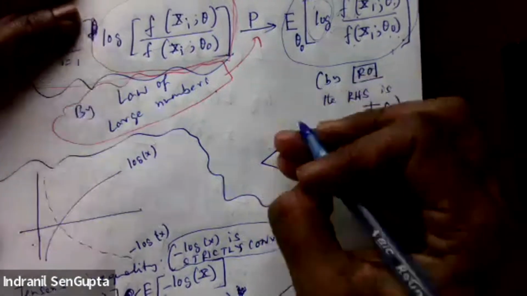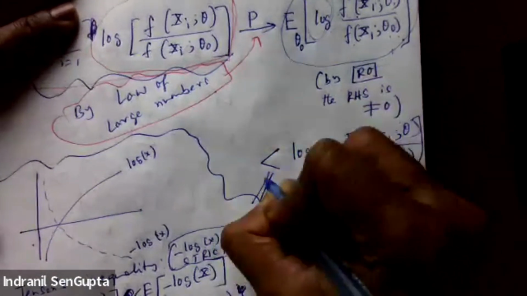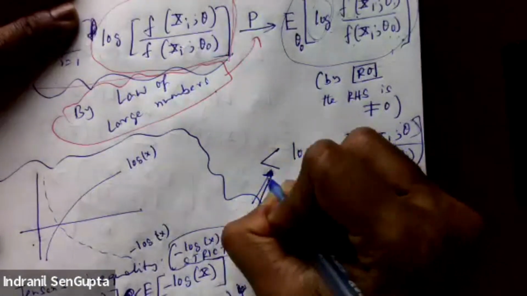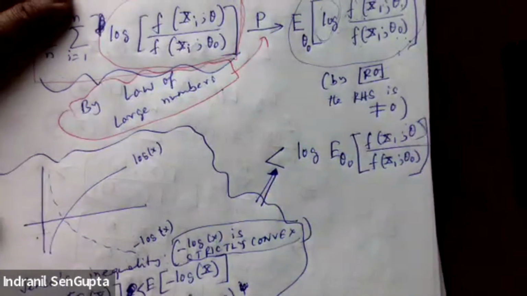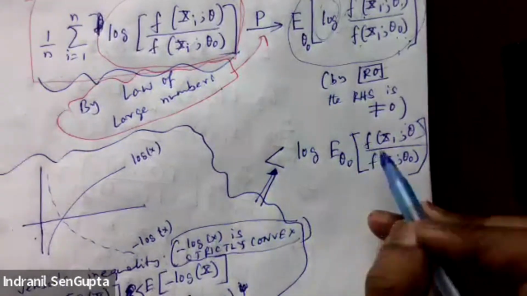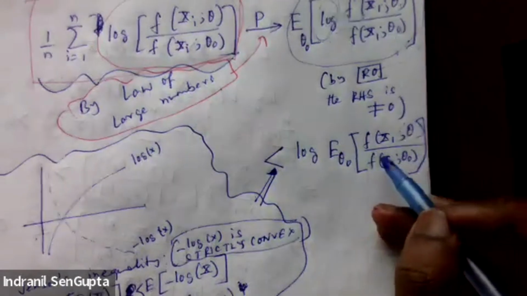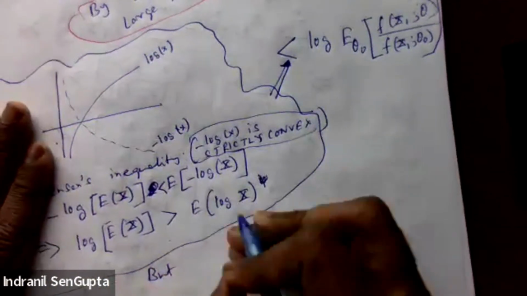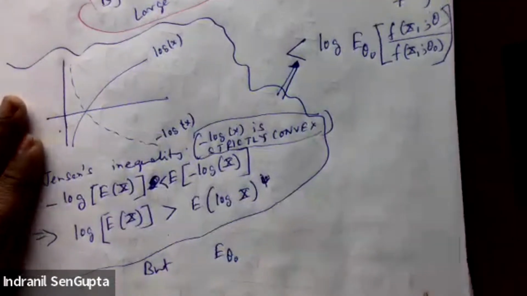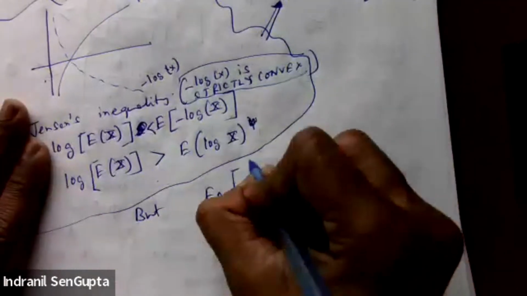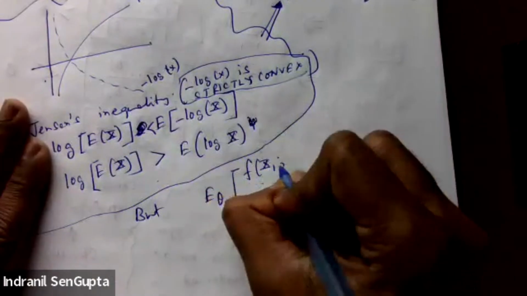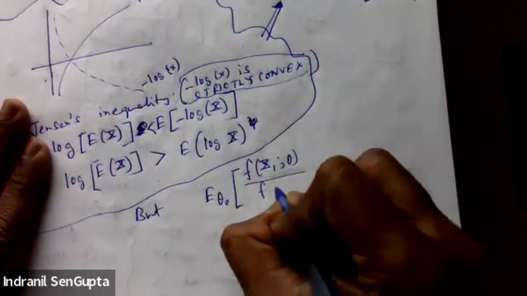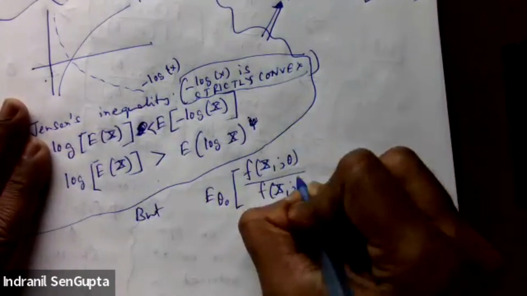And this is by Jensen's inequality, what we have just done. Now let's compute this right side. What is this quantity? E of theta 0, f of x1 theta over f of x1 theta 0.